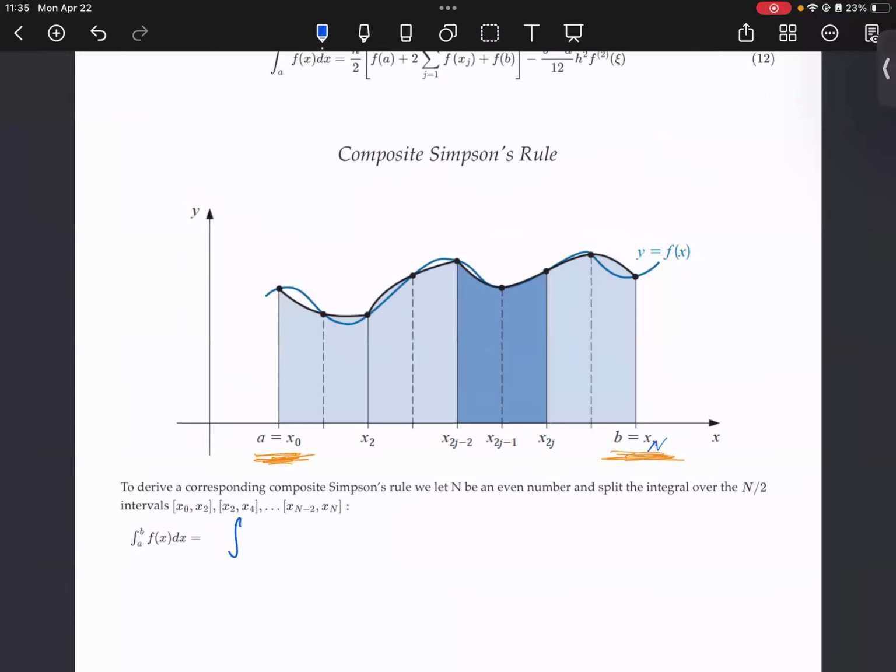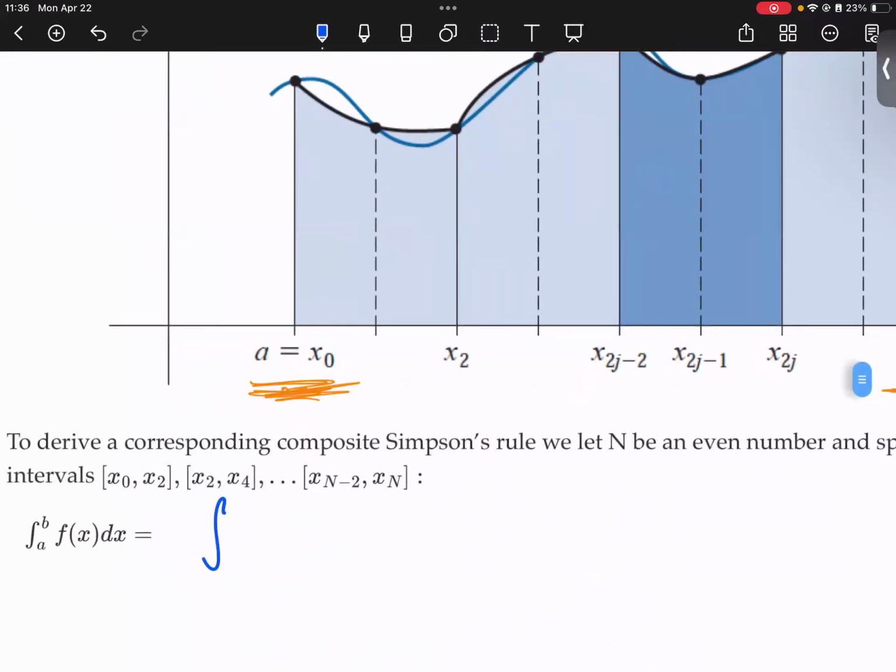So let's see. I should state some assumptions here. We assume that we have n intervals, and this n should be an even number. Then let's take a look at how we apply the Simpson's rule to these n intervals.